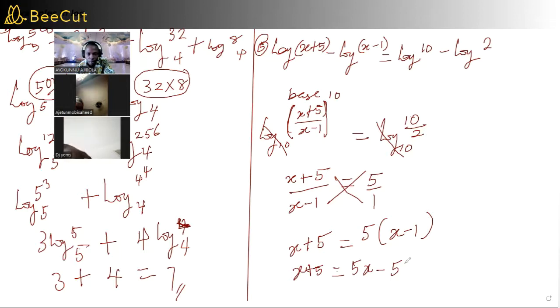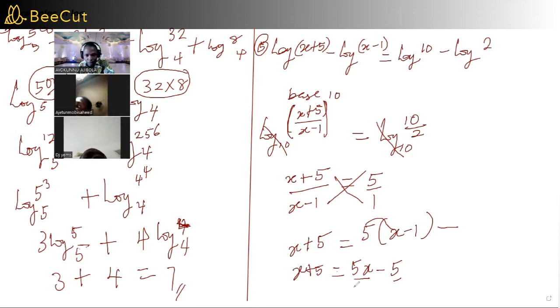Do you know how I got my x plus 5 here? Look at the bracket. What is on the right side here? 5 into x minus 1. 5 times x gives you 5x. 5 times 1 gives you 5, and there is minus there. Now, do you understand?